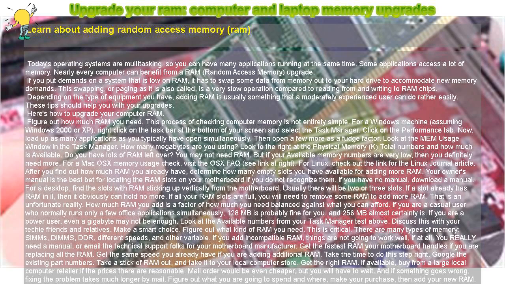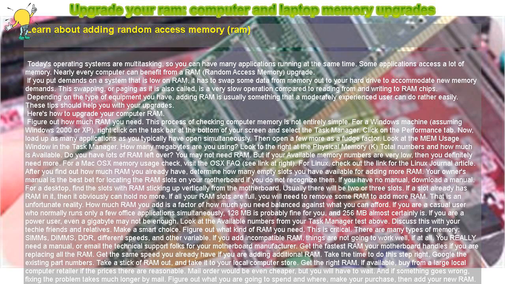You really need a manual, or email the technical support folks for your motherboard manufacturer. Get the fastest RAM your motherboard handles if you are replacing all the RAM. Get the same speed you already have if you are adding additional RAM. Take the time to do this step right.